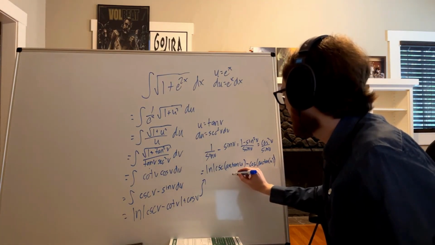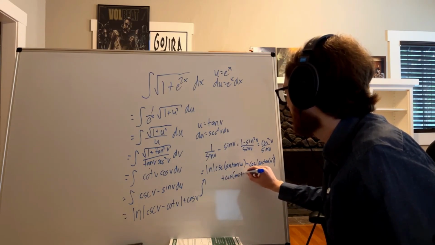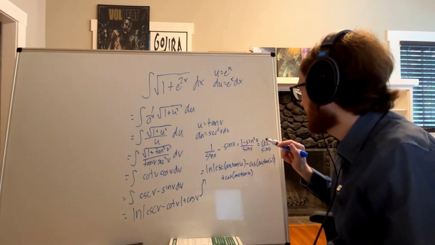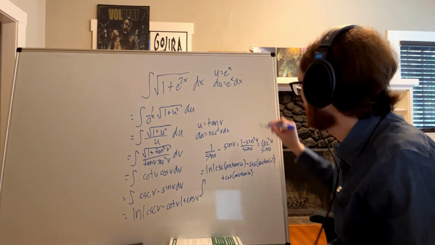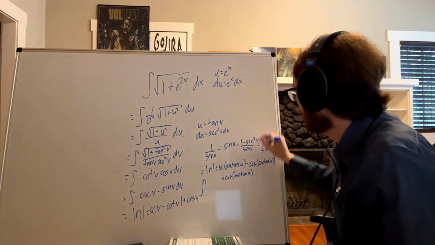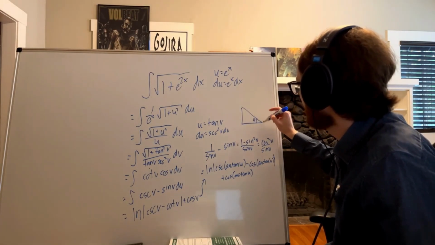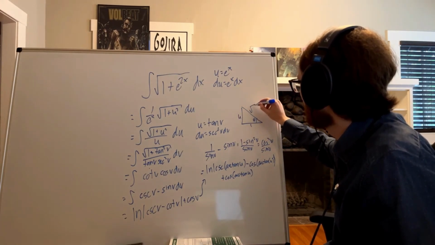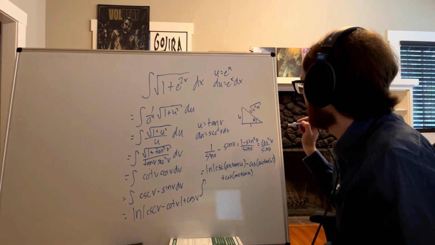Actually, the value rather, plus cosine of arctan u. So arctangent is an angle, and since tangent is opposite over adjacent, u over 1, root u squared plus 1 by Pythagorean theorem.